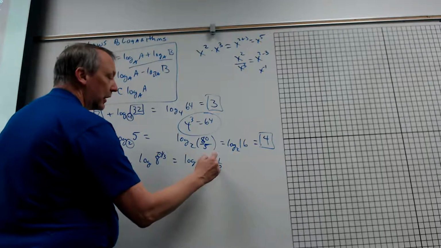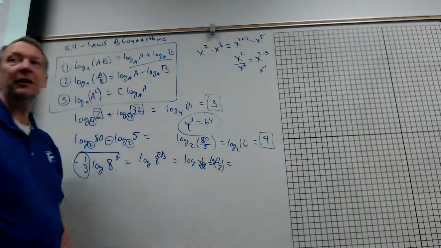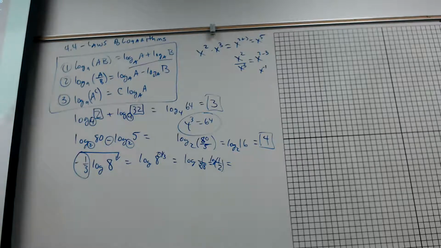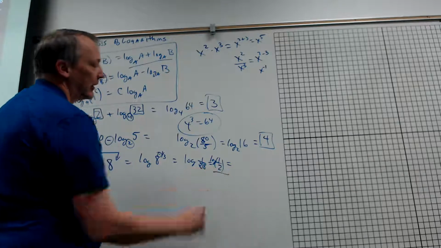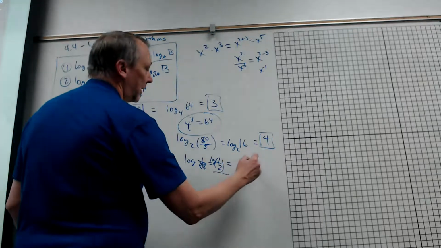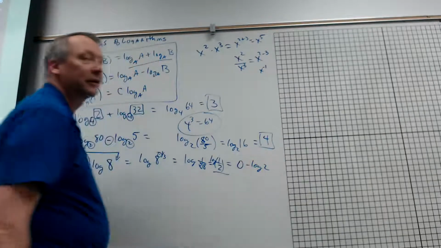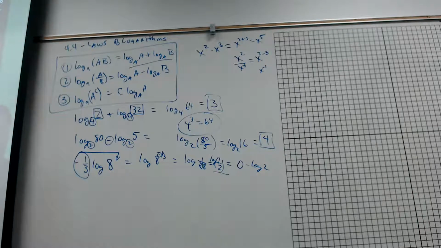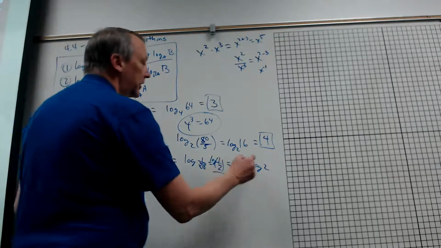So log of 1/2, which I could plug in my calculator if I really wanted to. Or actually, this would even be better. You know what, you could use this again? You know what log of 1 is? 0. So this would be 0 minus the log of 2, right? So all I really need to do is do the negative log of 2.